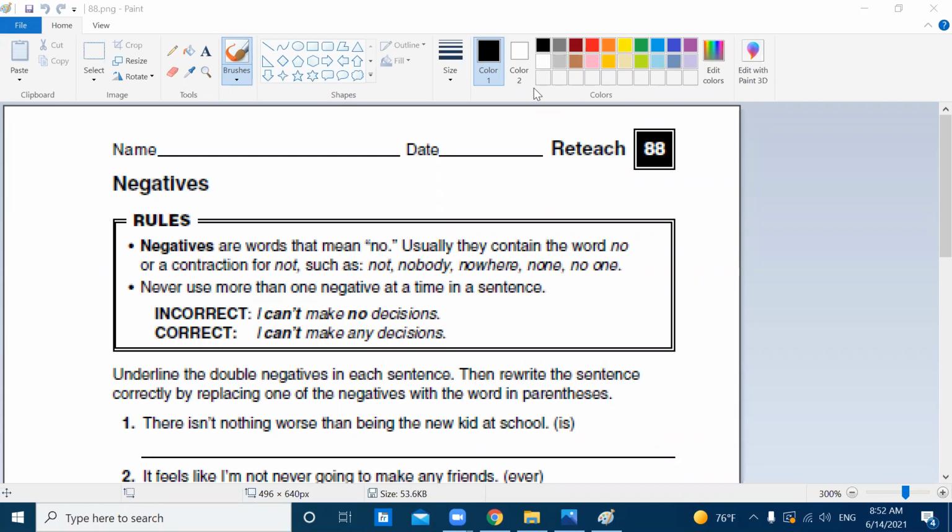Never use more than one negative at a time in a sentence. Incorrect: I can't make no decisions. Correct: I can't make any decisions.